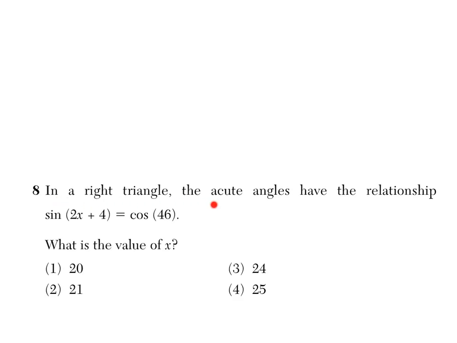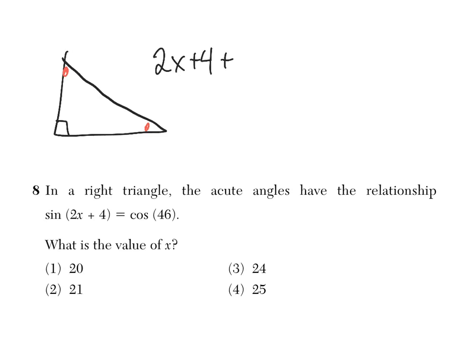Question number 8. In a right triangle, the acute angles have the relationship sine of 2x plus 4 equals cosine of 46. What is the value of x? Well, what do I remember? In a right triangle, the acute angles are complementary, meaning that these two angles add up to 90 degrees. So what we can do is simply set this as 2x plus 4 plus 46 equals 90 degrees.